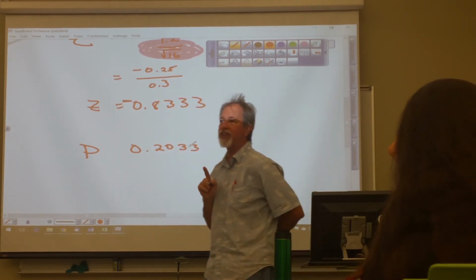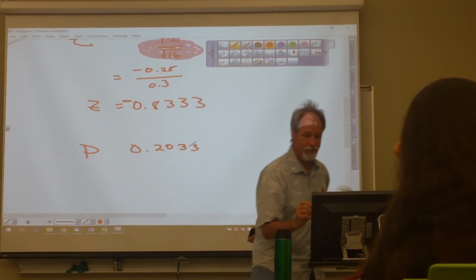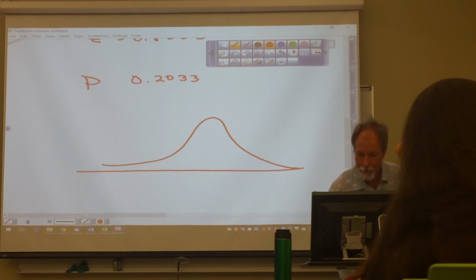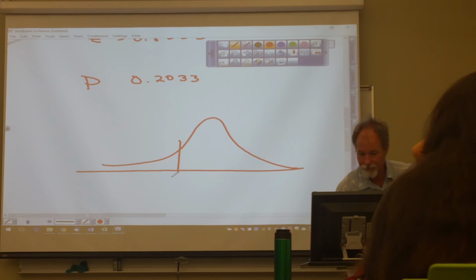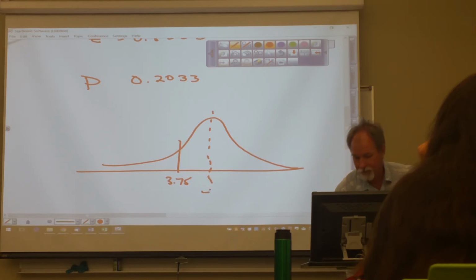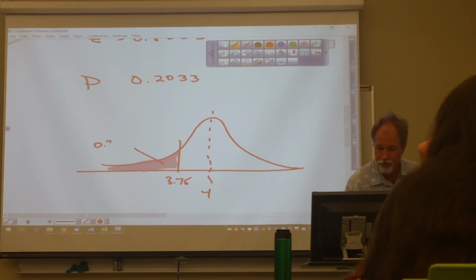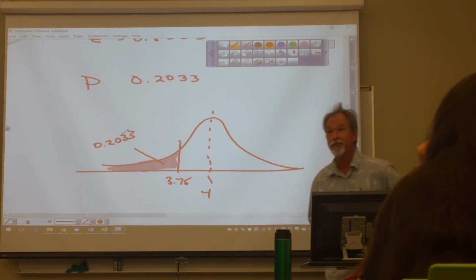Now, what does that represent? 20% of the hours take more than 3 hours and 45 minutes? That represents this area, the area to the left. So this is the area to the left, 0.2033.